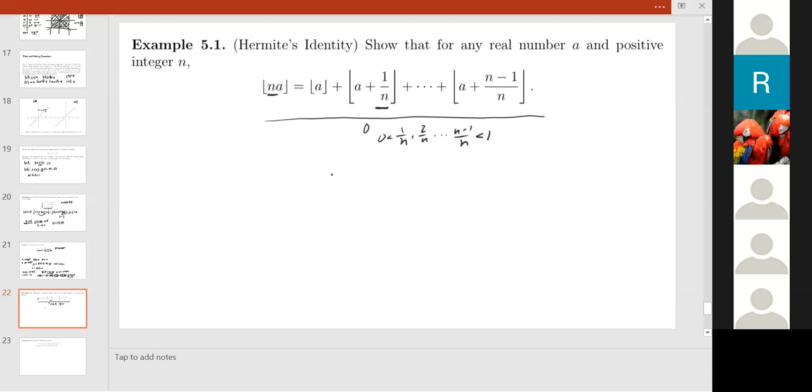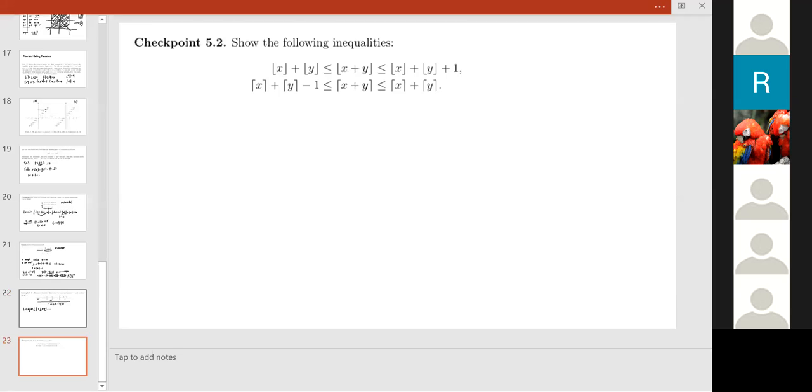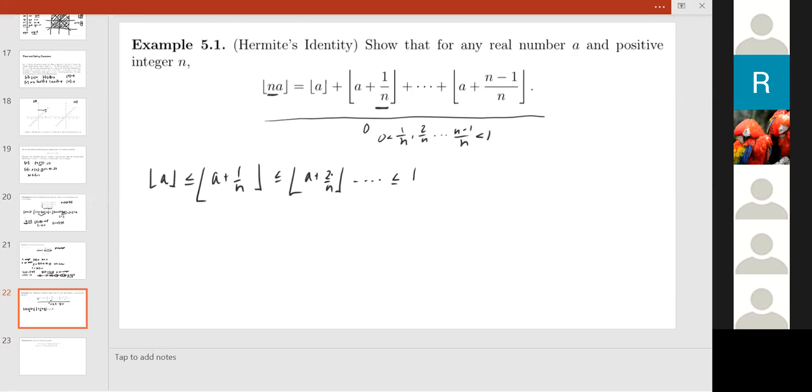And then for non-integers, we have that the floor of a is less than or equal to the floor of a plus 1 over n, and so on. This is less than or equal to a plus 1.